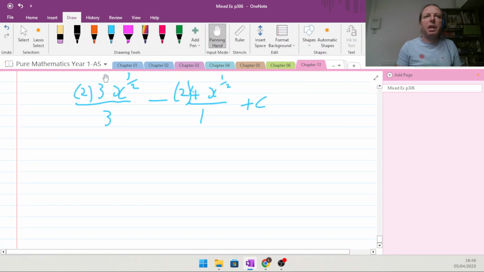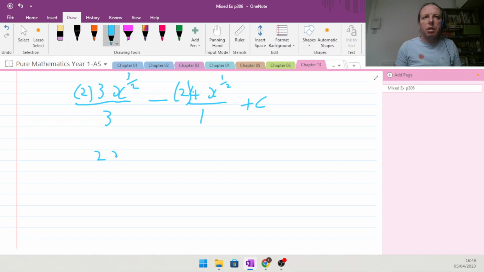And so finally, we are multiplying that out. What do we have there? 2x to the 3 over 2 minus 8x to the half plus c.